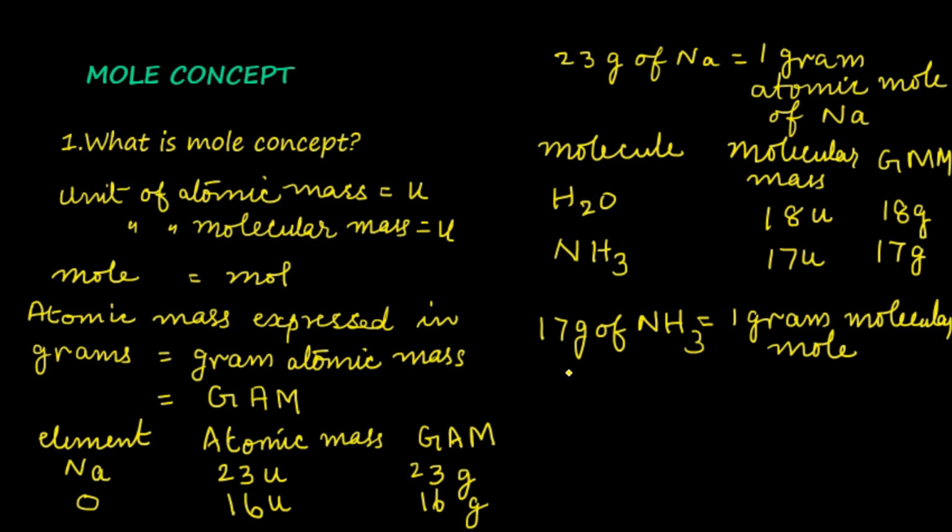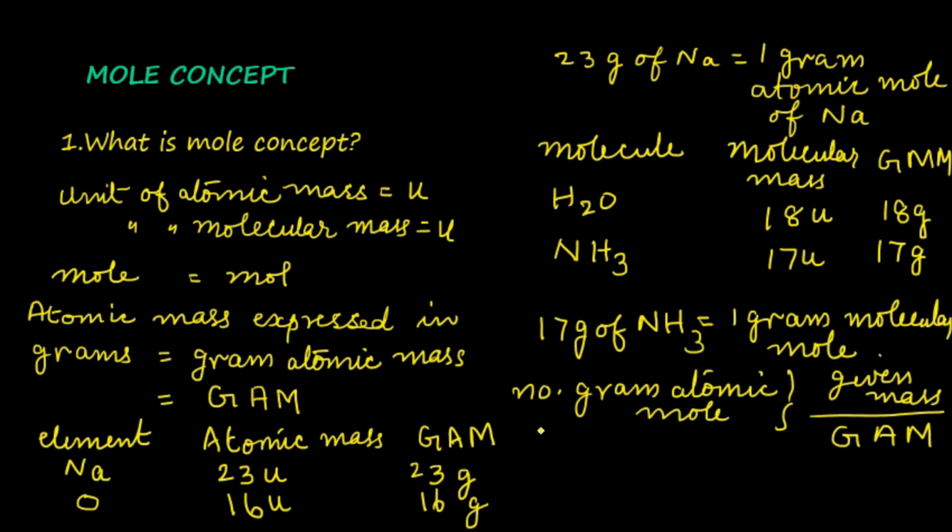In problems, a certain mass of a substance may be given. How can we convert this given mass into number of moles? For calculating number of gram atomic mole of the given substance, it is mass of the given substance divided by its gram atomic mass. This quantity will be in grams, this quantity also will be in gram.